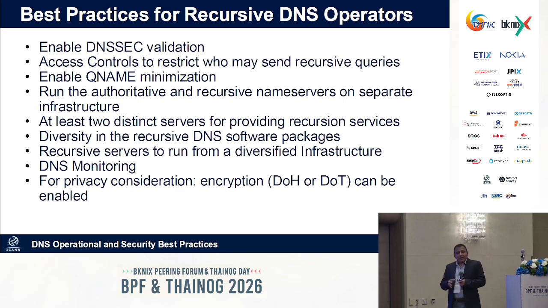Now, those are some of the practices very important, especially if you are an authoritative name server operator. But if you are a recursive name server operator, earlier we said DNSSEC validation, right? So the recursive name servers are getting all those answers from authoritative name servers.